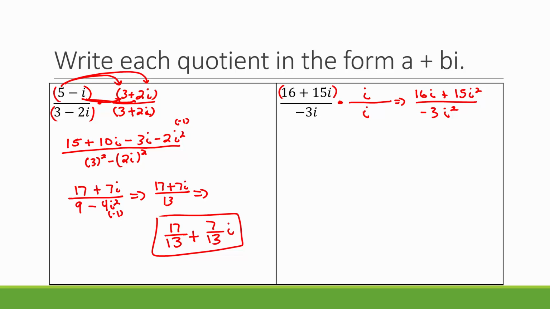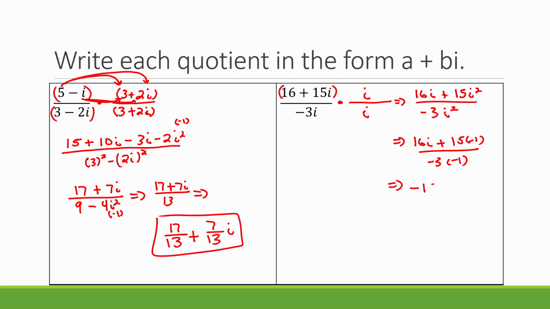So again, I'm going to go in here, find those I squares, and change them into -1s. So 16I plus 15 times -1, -3 times -1. All right, so that's -15.